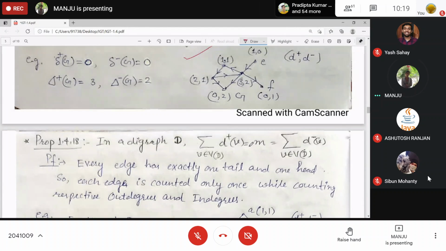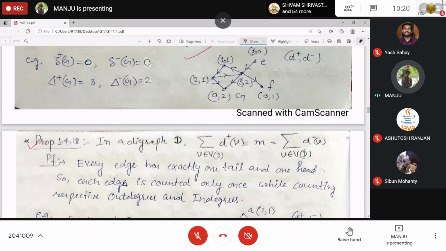Yeah, here we have this one. In the digraph D, if you take the sum of all the out degrees, this is giving you M, that is the number of arcs. Or you can also take the sum of all the in degrees, that is giving you the size. And if you add this one plus this one, that is giving you 2M, right?